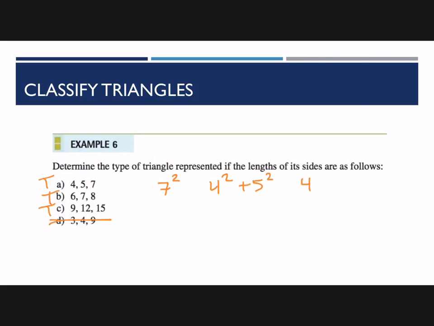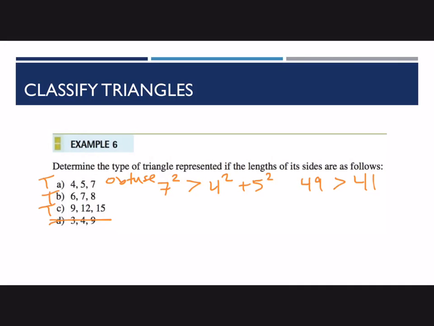Okay, so we end up with 49, and then on the right we have 41. Okay, so C squared is greater than A squared plus B squared, so this would be an obtuse triangle. And then the greatest angle would be across from the side measuring 7.